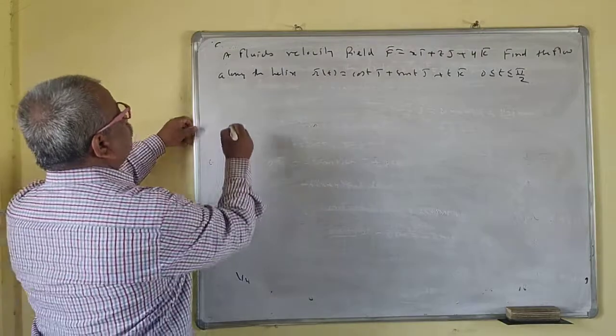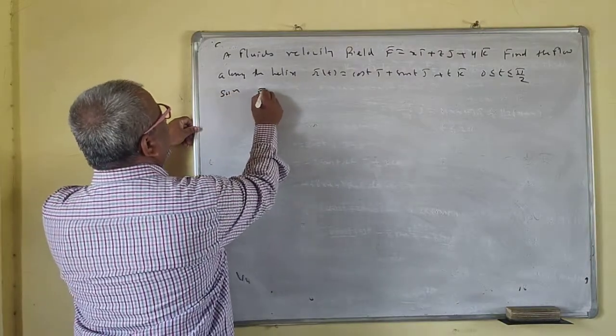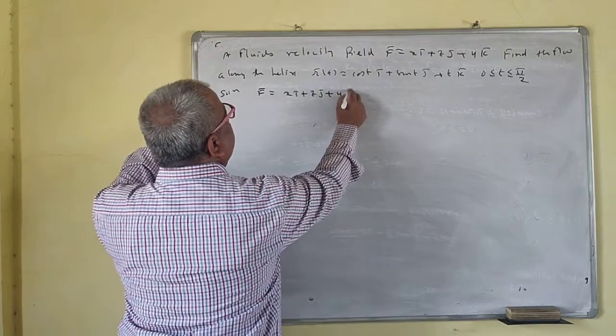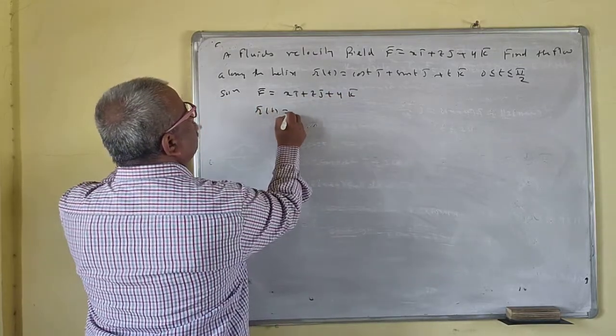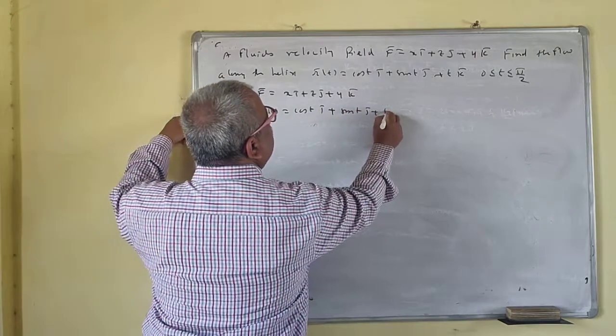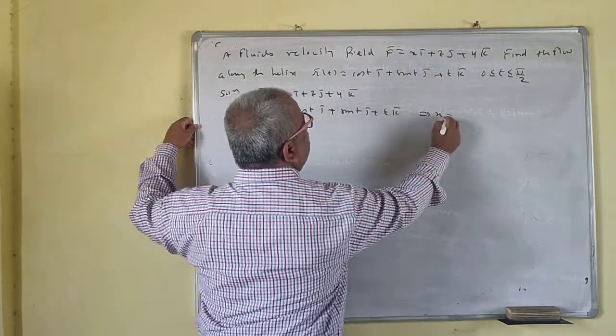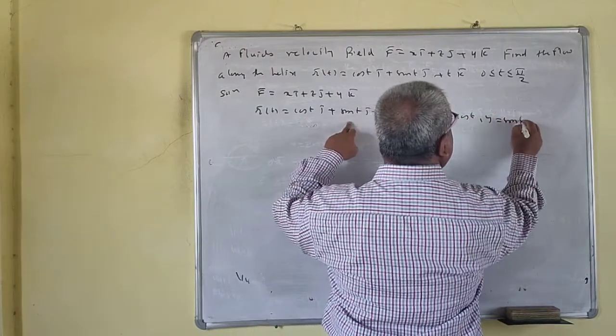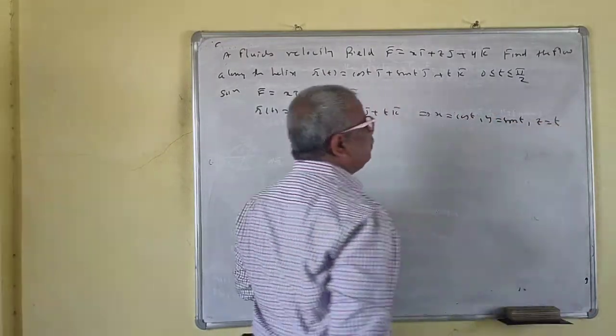Okay, solution. F bar is equal to x i bar plus z j bar plus y k bar. r bar of t is equal to cos t i bar plus sin t j bar plus t k bar. This implies that x is equal to cos t, y is equal to sin t, z is equal to t.